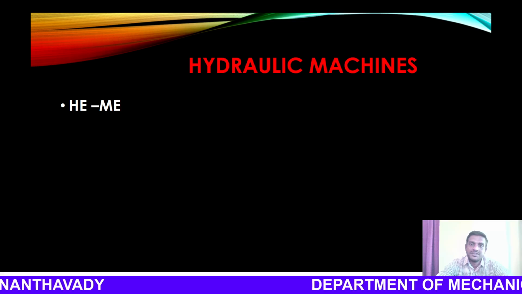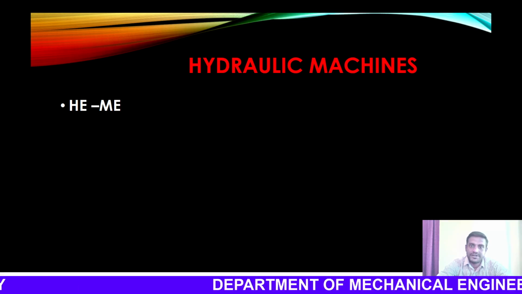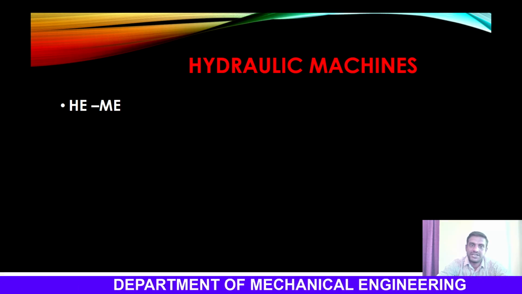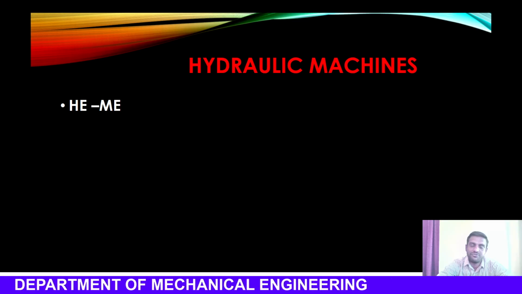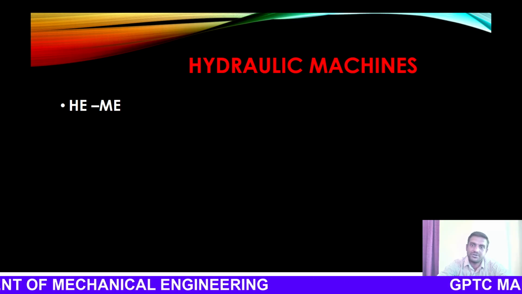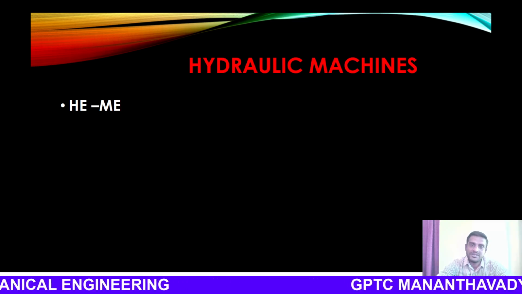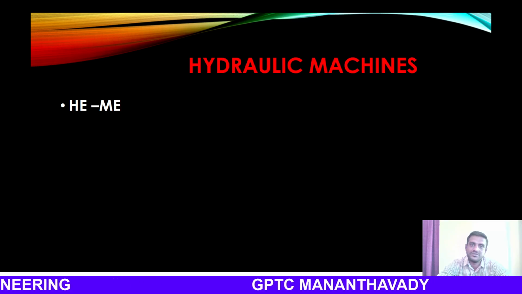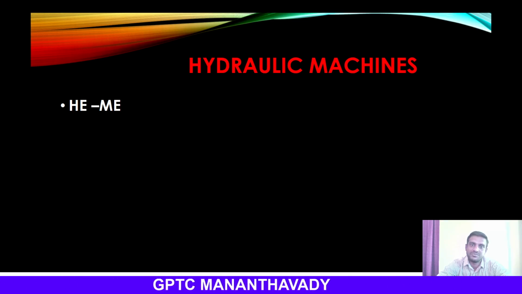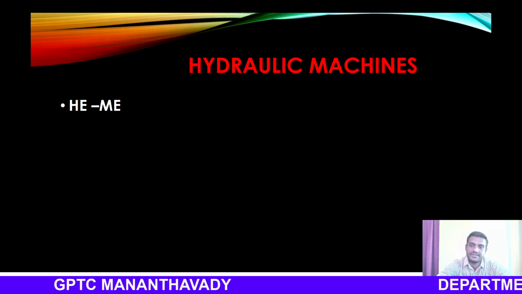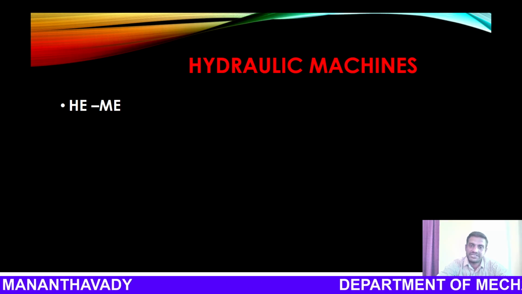The position of the water gives the energy possessed by a fluid by virtue of its position, that is the potential energy. When the water is flowing, it's the energy of the fluid by virtue of its motion, that is the kinetic energy. And another one is the pressure energy.